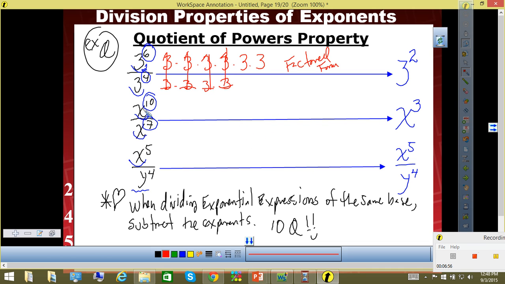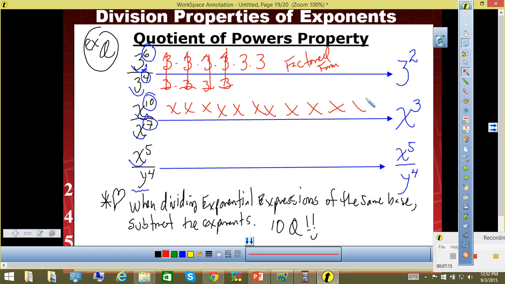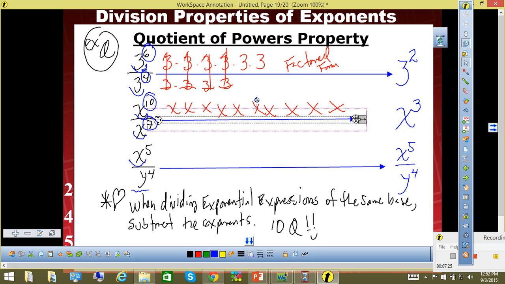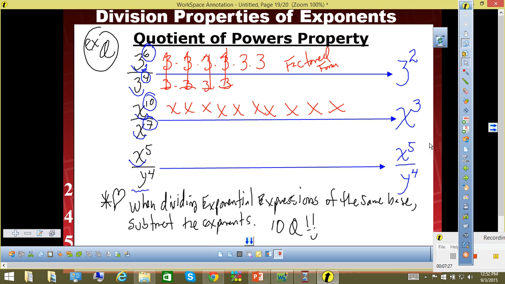And do the same to the second one, x to the 10th over x to the 7th, just so that you can have an extra example for yourself. Copy that. So for the second one, you probably did x, x, x, x, x, x, x, x, x, x, nice and straight like mine, right? Oh, I put one extra x. Sorry. Bam!